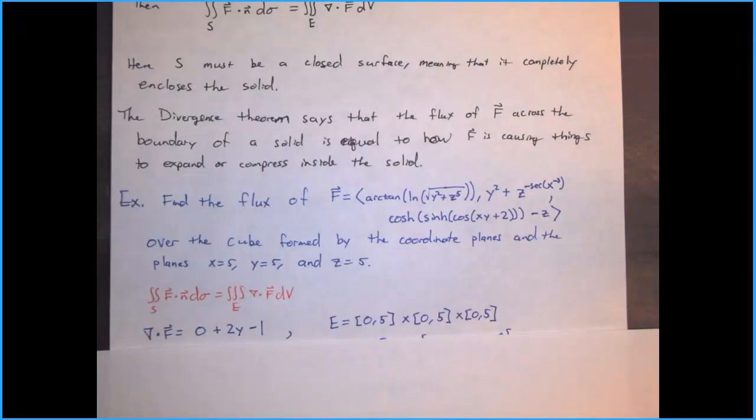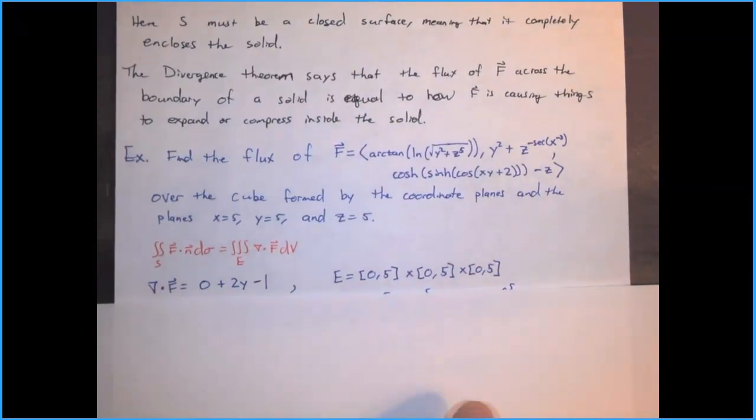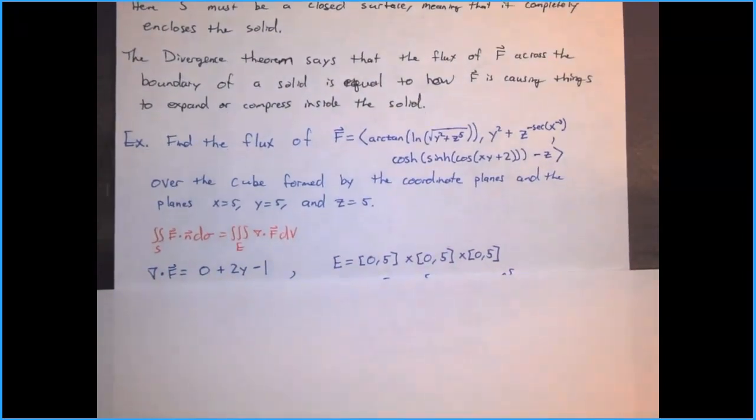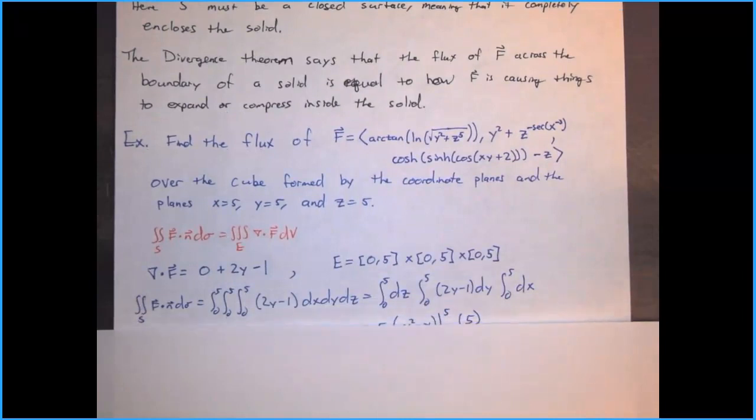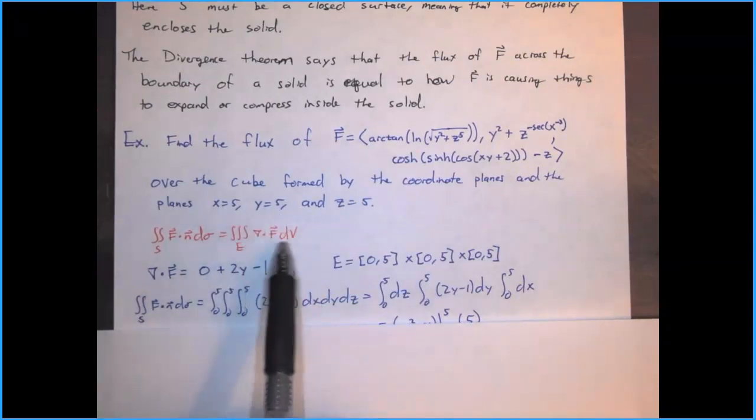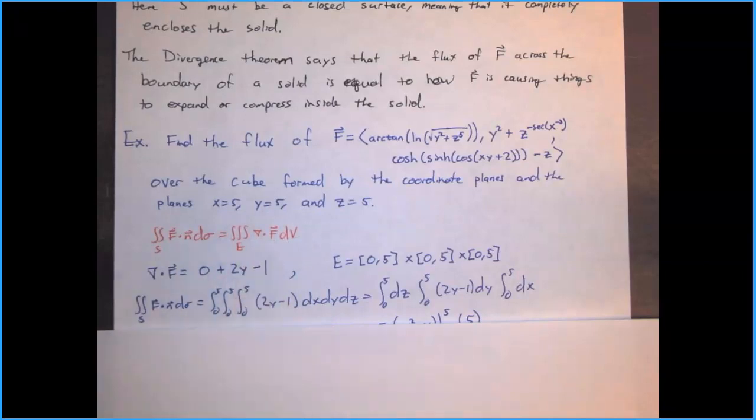So instead of doing this horrible flux integral, I'm just going to integrate 2y minus 1 over this cube using the divergence theorem. I don't need to worry about normals or anything like that because inside this solid I don't need to integrate the normal vector. I just integrate the divergence itself. And so I get this triple integral of 2y minus 1 where all of the variables are going from 0 to 5.